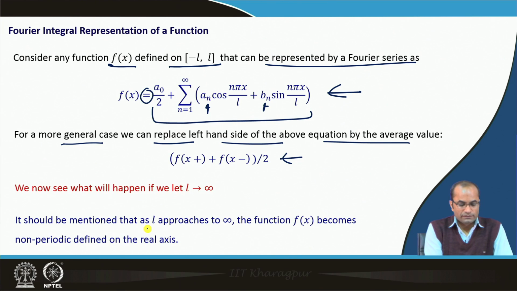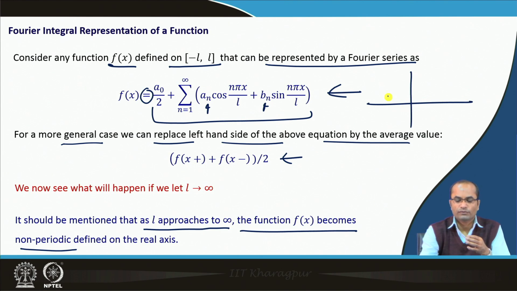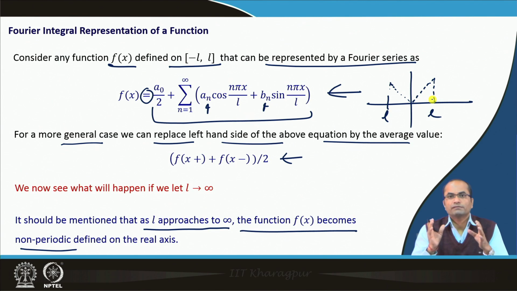It should be mentioned that as L approaches infinity, the function f(x) becomes non-periodic, because the function f may not be a periodic function. This is what we have discussed in the Fourier series: when a Fourier series converges, it converges to a periodic function. The idea was that we take, for instance, a function in the interval minus L to L, for example mod x or any other function, and then write its Fourier series.